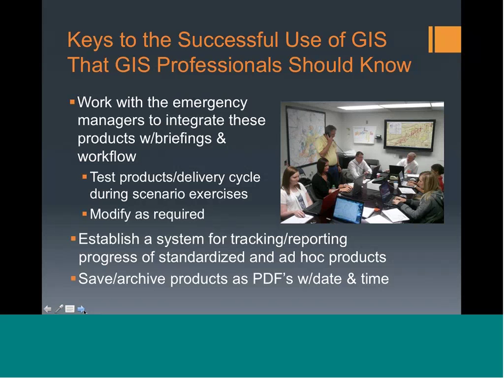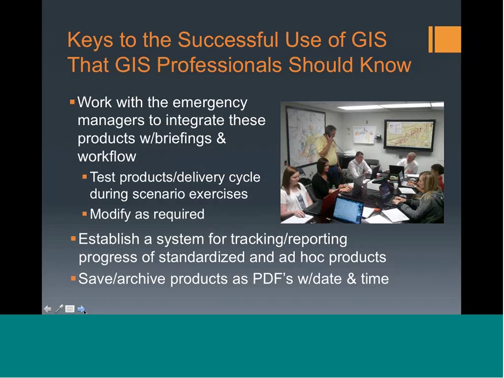There are a lot of different ways to get this implemented, and hopefully this will all work out very naturally after meeting with the emergency managers and getting it integrated into the workflow. But other things that we've had experience with along the way: take advantage of people.